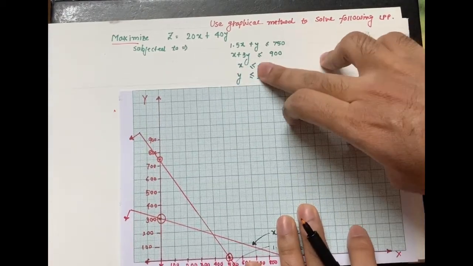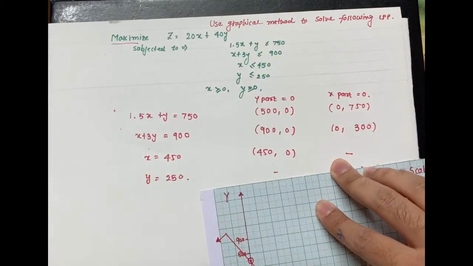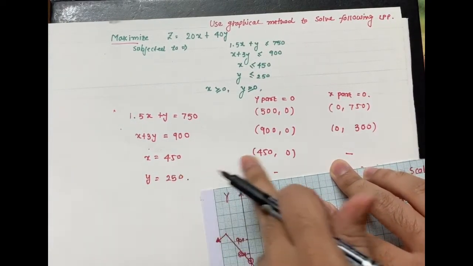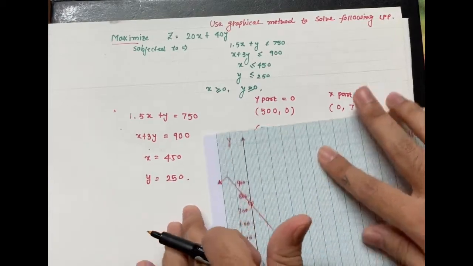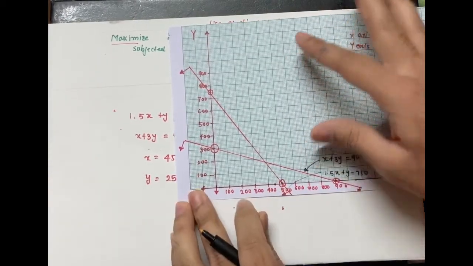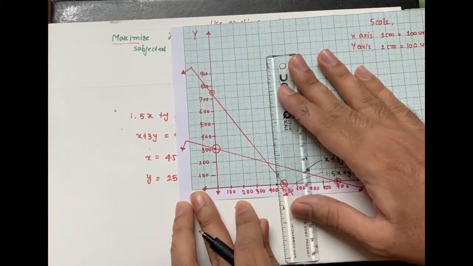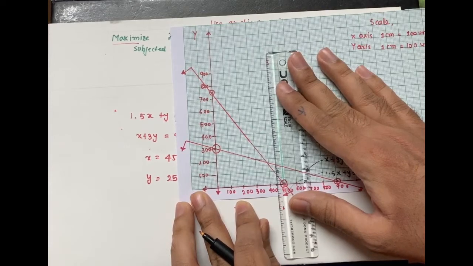Third, x equals 450. This is a vertical line, the point is 450, 0. So 450, 0 is this point, and it is a line that is parallel to the y axis.